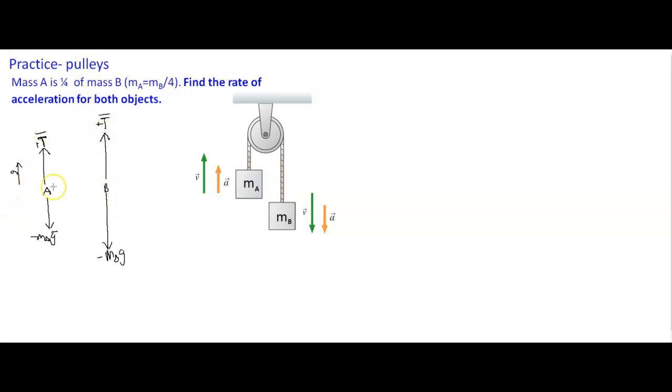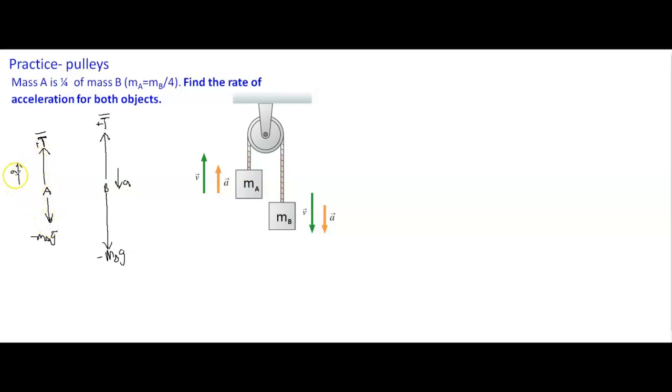And on mass A, since the net force is upwards, since it's accelerating upwards, the downward arrow is going to be smaller than the upward arrow. Mass B is accelerating down, therefore the net force is down, and that means the down arrow is larger than the up arrow. Mass A is accelerating upwards, and that means the up arrow is greater than the downward arrow.